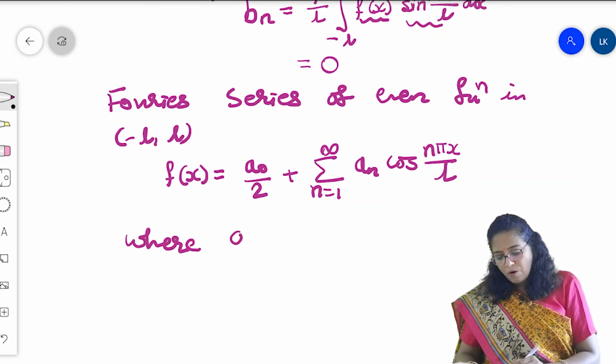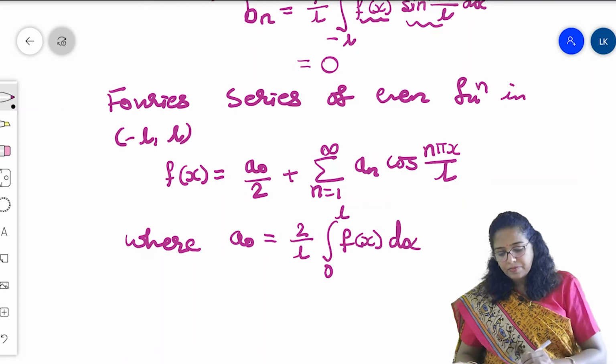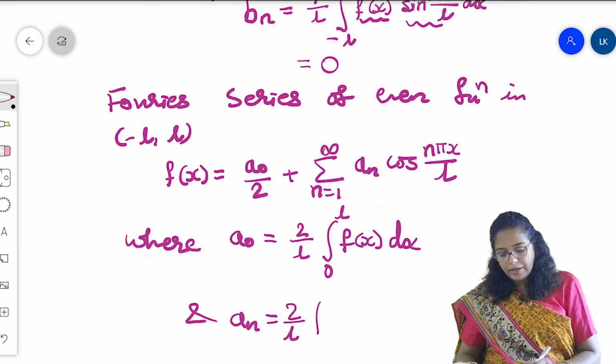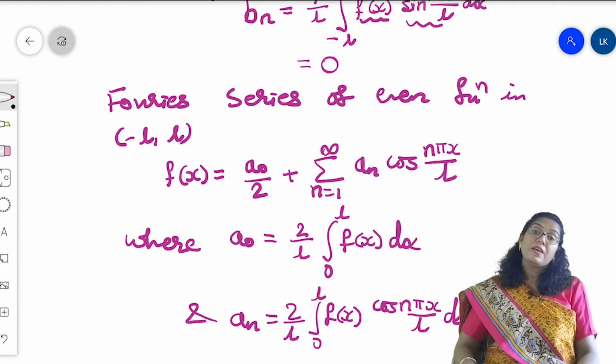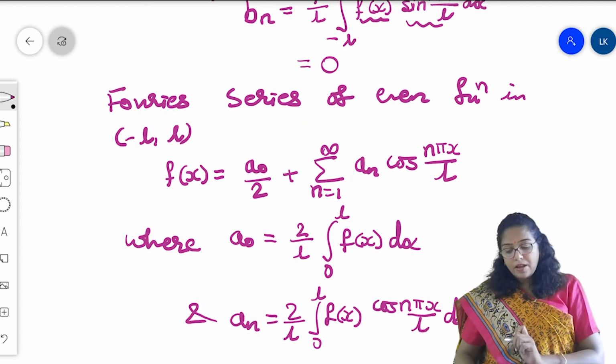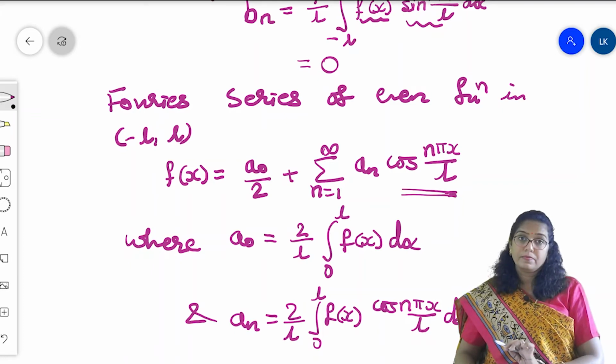And the value of a0 is 2 upon L integral 0 to L f(x) dx, and an is equal to 2 upon L integral 0 to L f(x) cos(n pi x upon L) dx. Okay. In this formula, there are only cosine function terms.